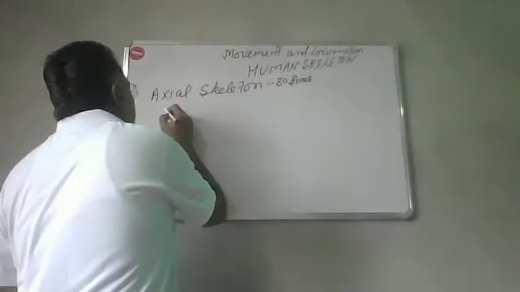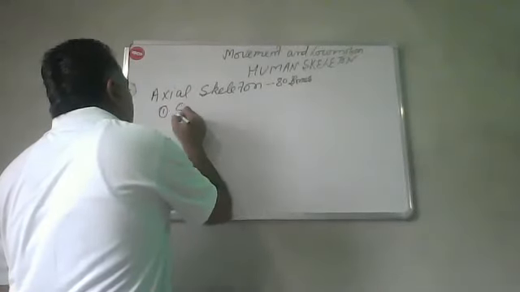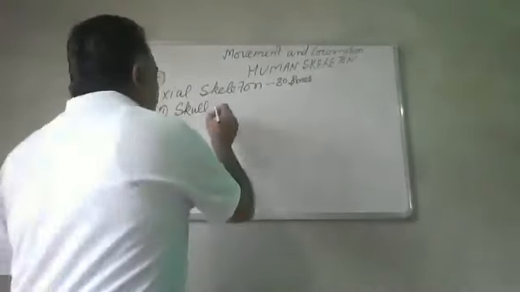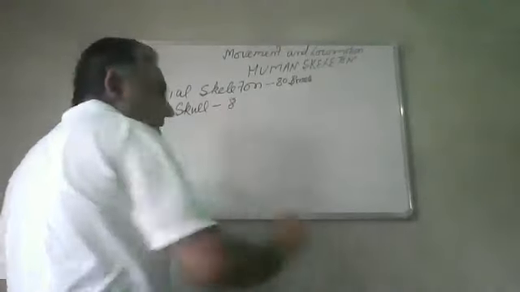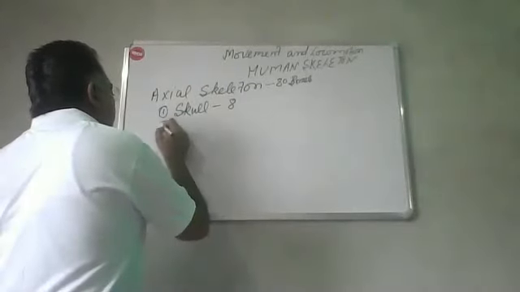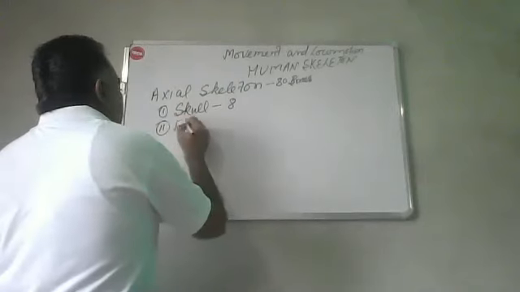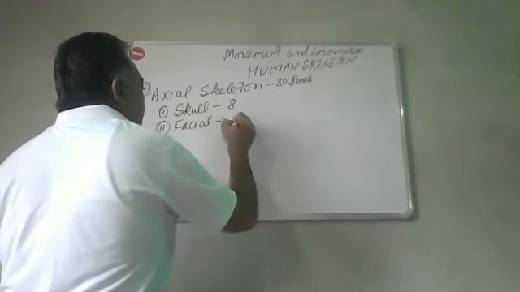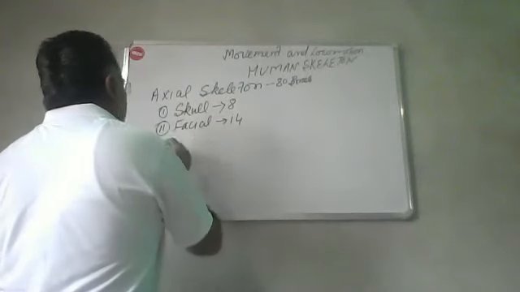In the axial skeleton, first of all, we have to study about the skull, which contains 8 bones. After that, the second is the facial bones, 14.